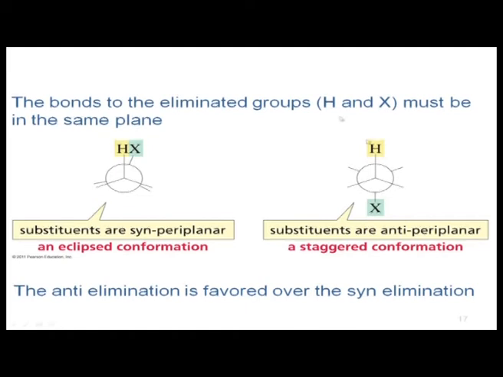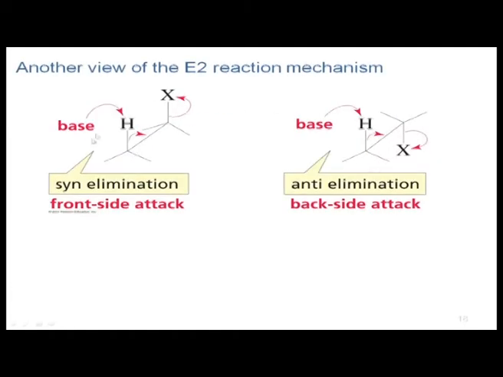Okay. Now, there could be several reasons for anti elimination. One is, this is the syn elimination and there is the front side attack, that means the base is coming from the same side as both the groups that are being eliminated. So, H and X are facing the same side and the base is coming from the same side.